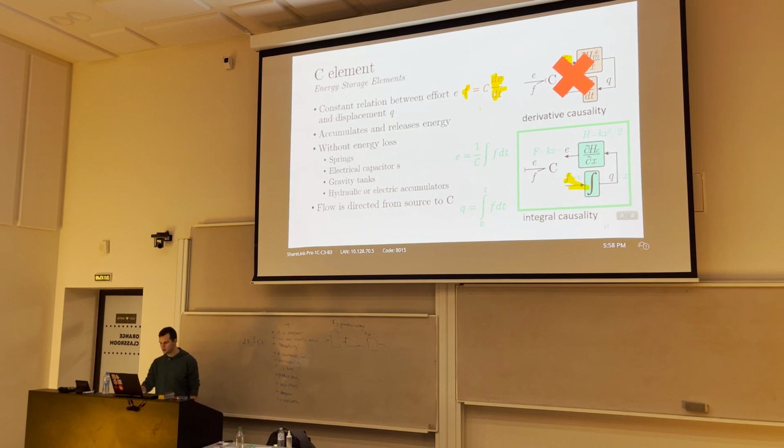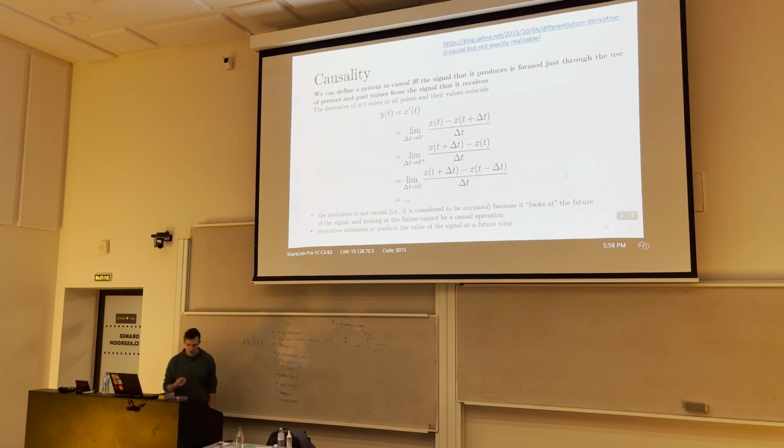Why? Because in order to take a derivative, you need to know a future state. So here you can see the definition of the derivative. It is a limit, and in order to calculate it, you need to know the state at t, the present time, plus delta t.